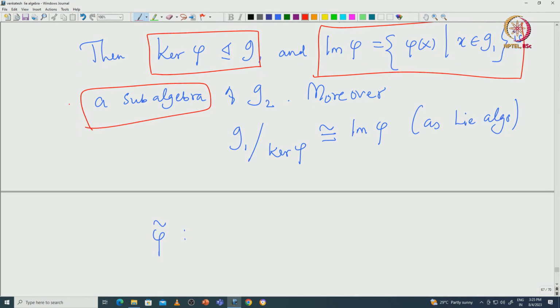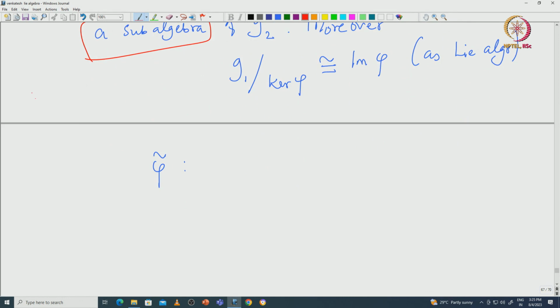Now, we will just focus on the quotient map, and then we will try to prove that it is actually a bijective homomorphism. So, what is the quotient map? The natural induced map from G1 modulo the kernel phi to image phi, we are going to define this map. Obviously, phi tilde of x plus kernel phi, you define it to be just phi of x.